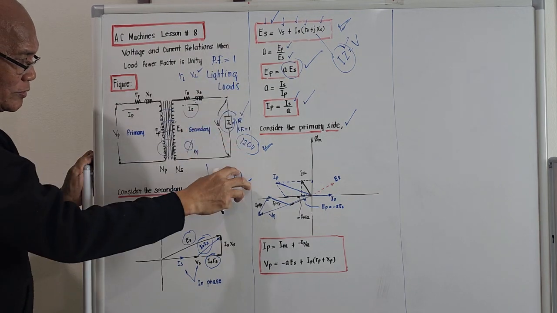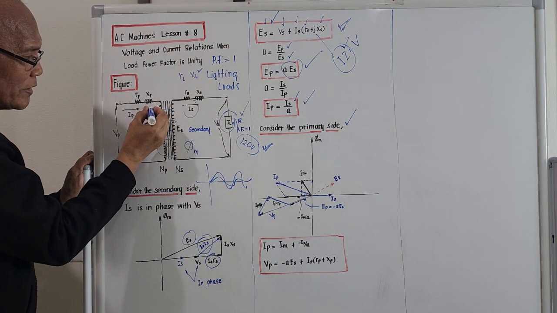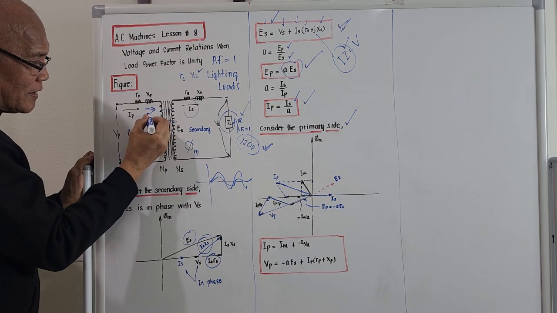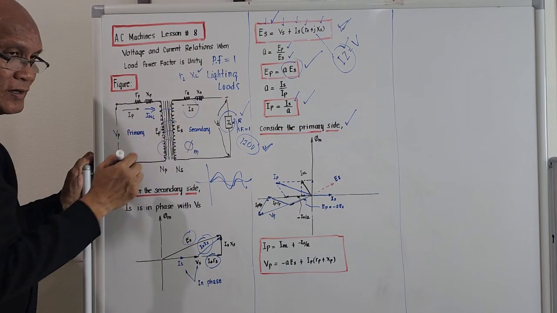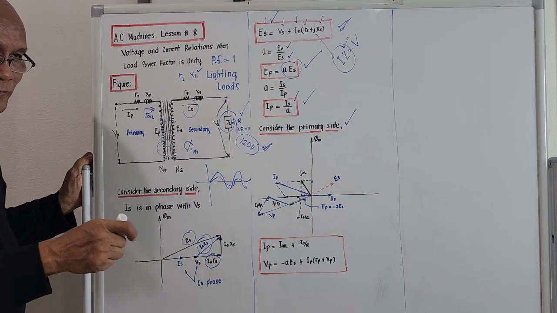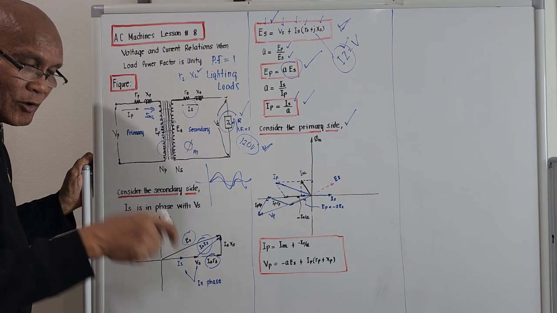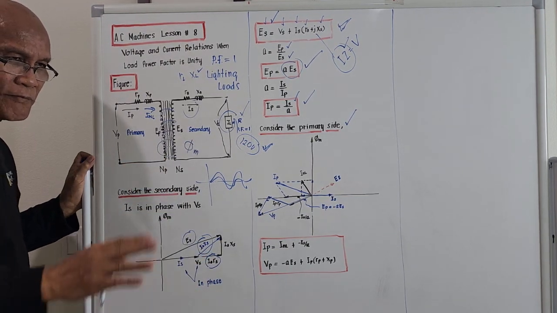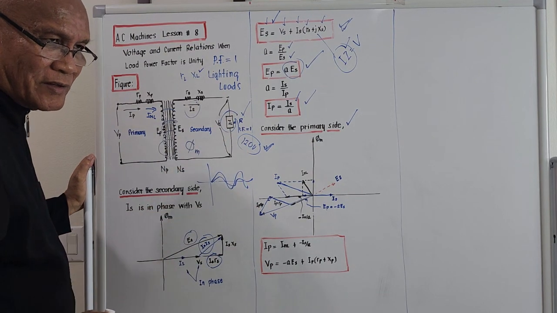When there is no load, there is a current going in, and that is actually the current at no load. Current at no load is the current due to the effect of the core or the laminations, the one we discussed the last time, the effect of the hysteresis and eddy current.